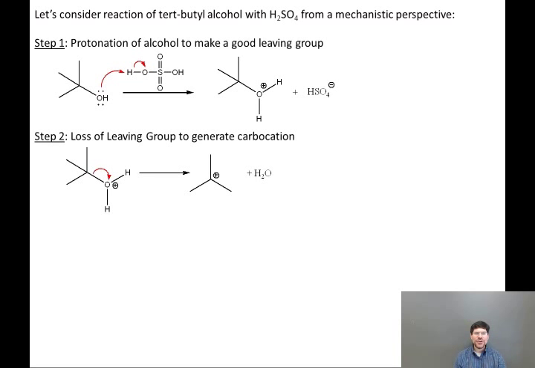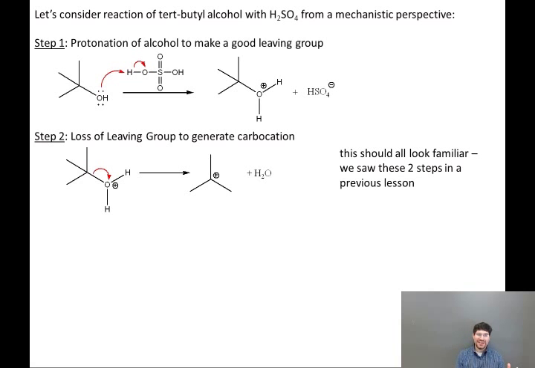And then step 2 is going to be loss of that leaving group to generate a carbocation. This should all look familiar. We have seen these 2 steps in a previous lesson when we looked at the SN1 reactivity of tert-butyl alcohol with acid. We get to the carbocation the same way.